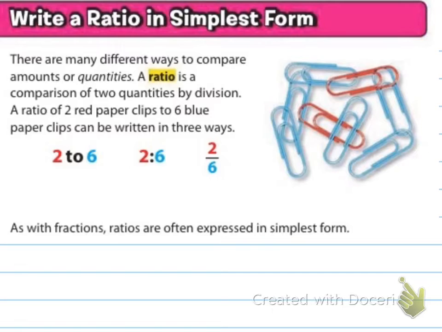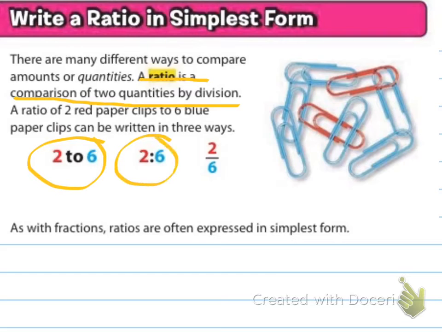The important thing is that a ratio is a comparison of two quantities by division, and that there are 3 different ways to write this: with the word to, with a colon, or with a fraction bar. And the fraction bar is also a division symbol, so keep that in mind.